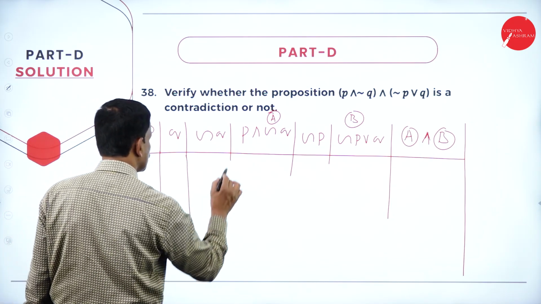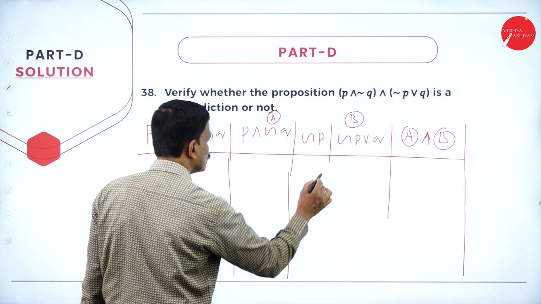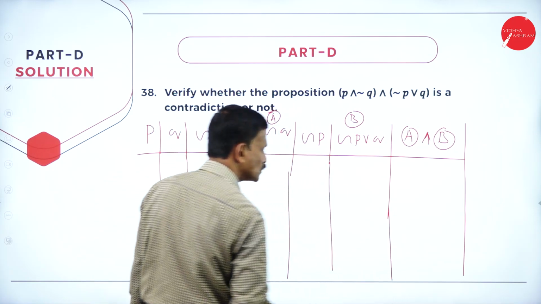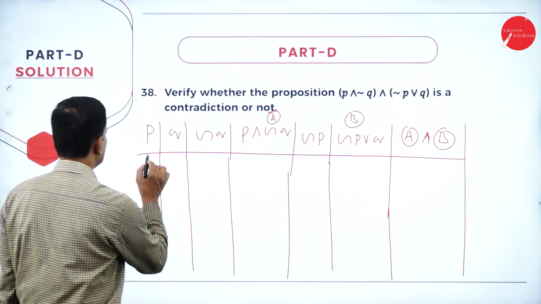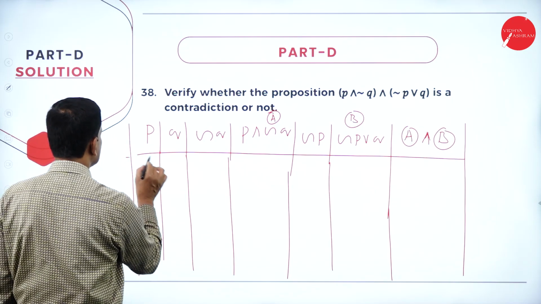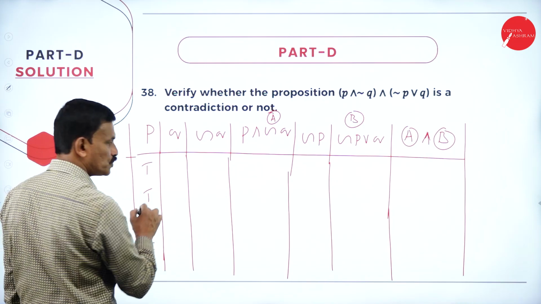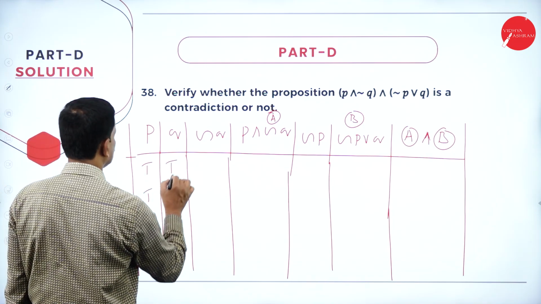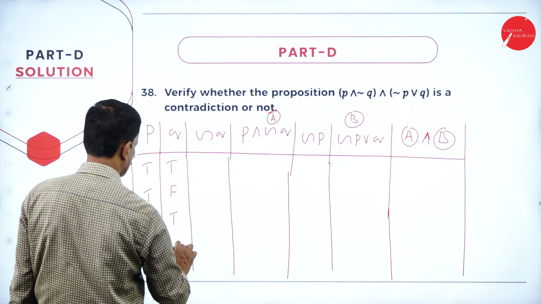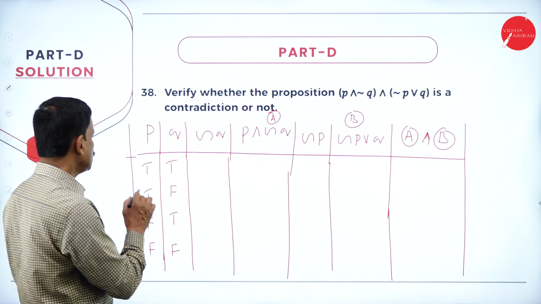For P it is true, true, false, false. For Q it is true, false, true, false.